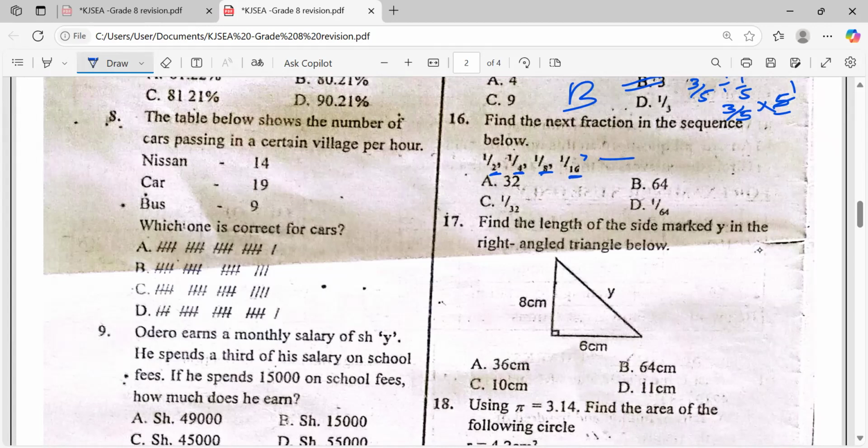So because we have 2, 4, 8, 16, what do we mean here? It means that because we are maintaining the numerator, we will have 1.